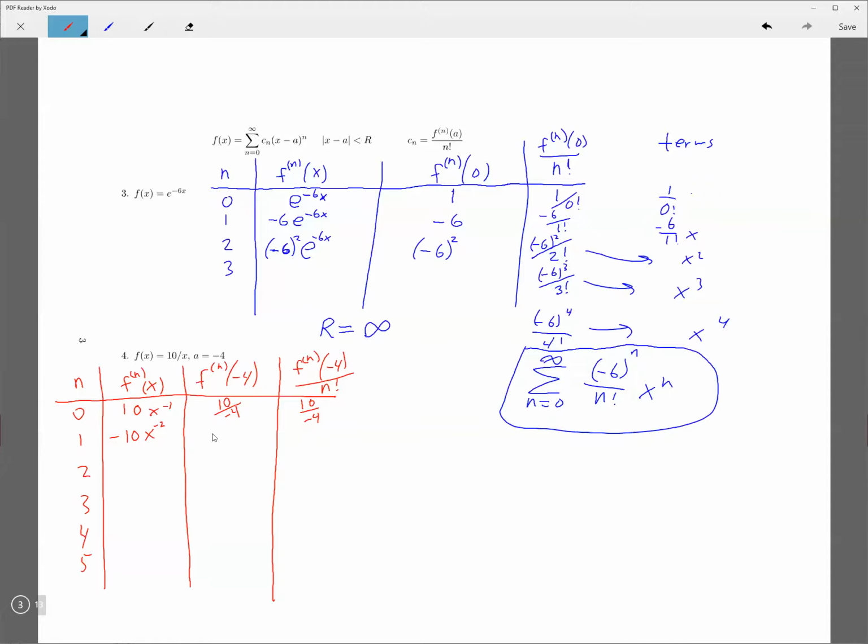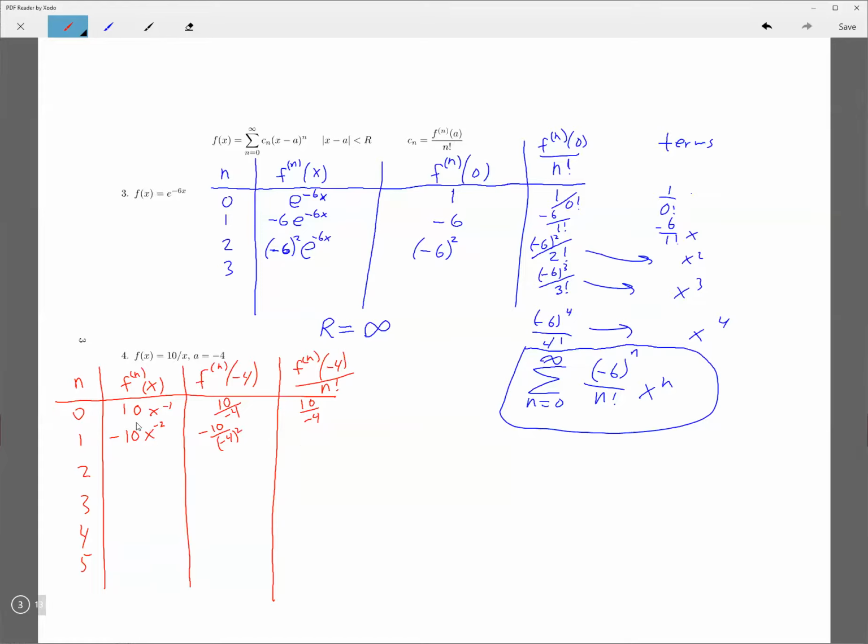Okay, now when you plug a -4 in, you're going to get -10 over -4 squared. Okay, and then let's go to the next one.